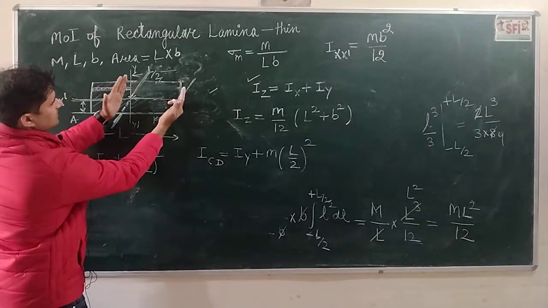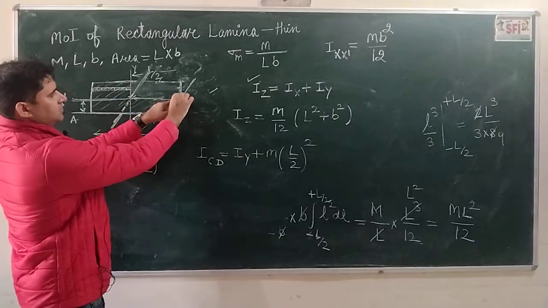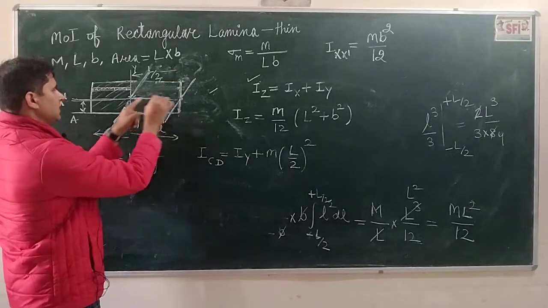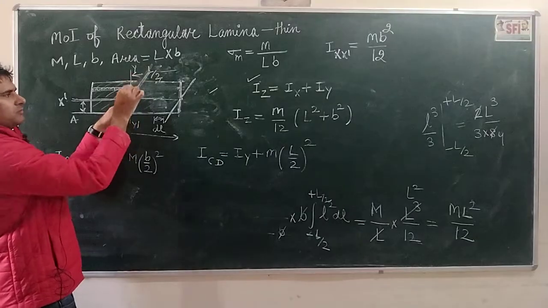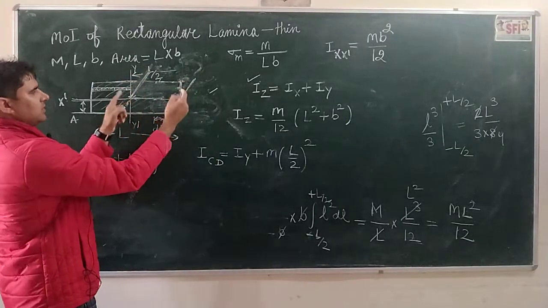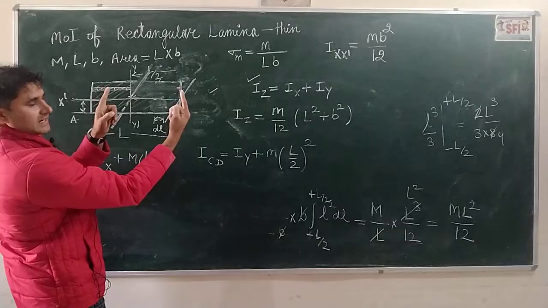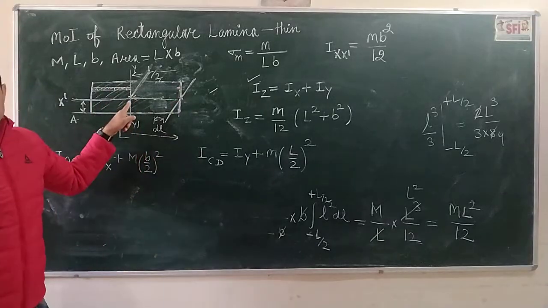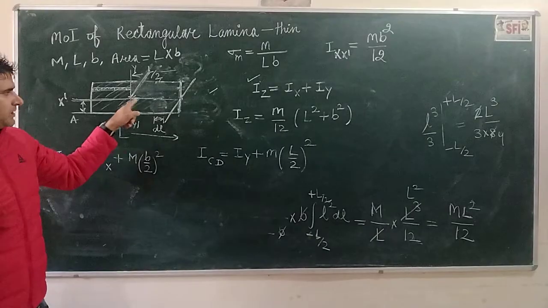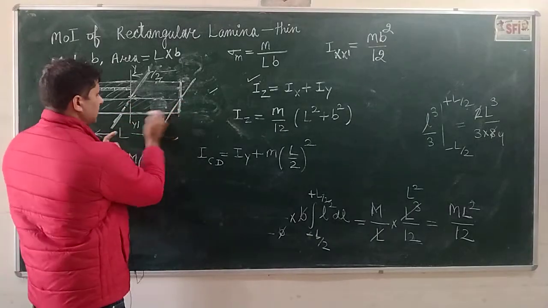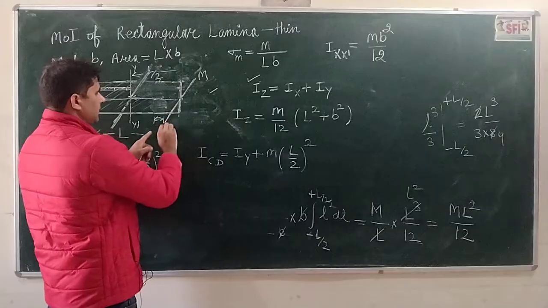You can see this axis is parallel to the z-axis, which is perpendicular to this surface and passing through the center of mass. So again you will make use of the parallel axis theorem, and let this axis be MN.